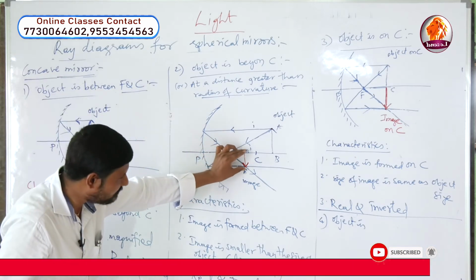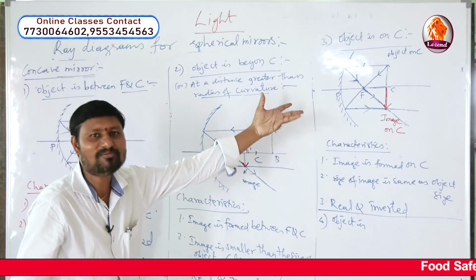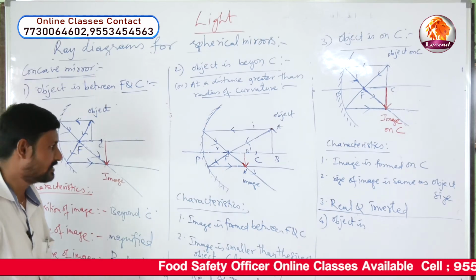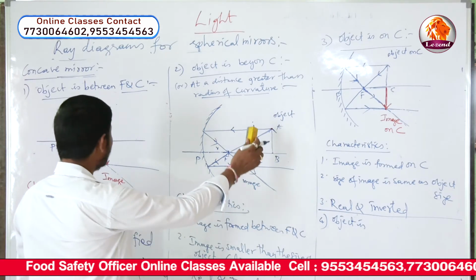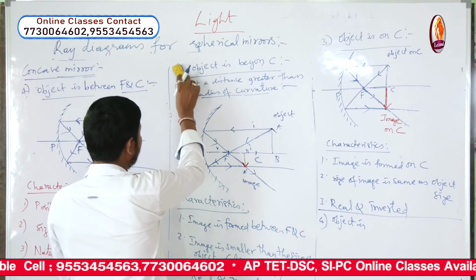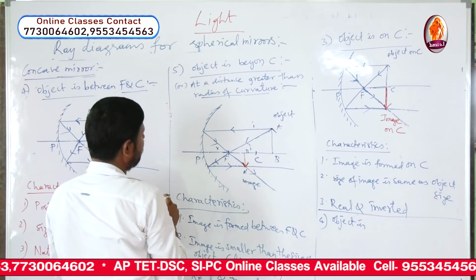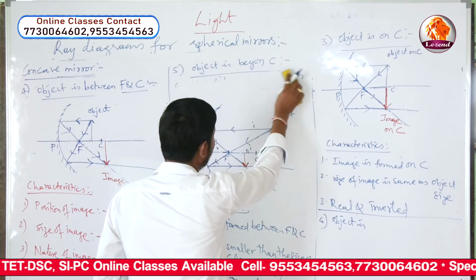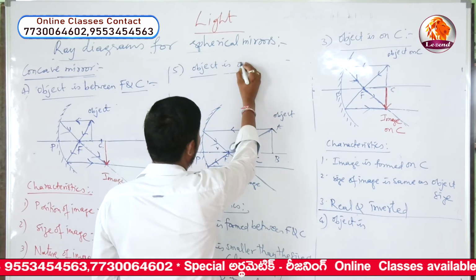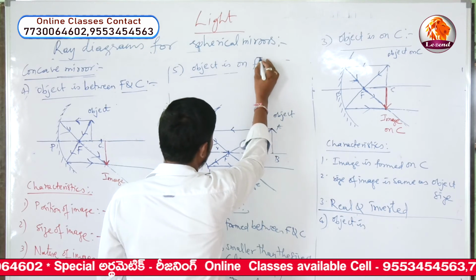So this is the object if we consider; now this will become the image. So it is also real and inverted. And next, the fifth position is the object is on focus, F.